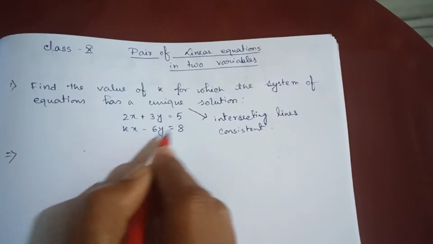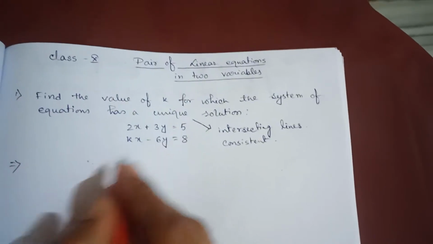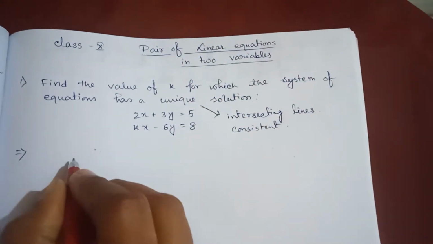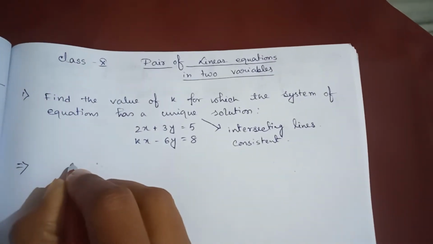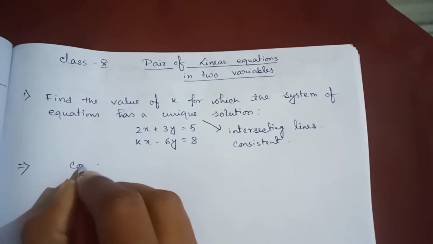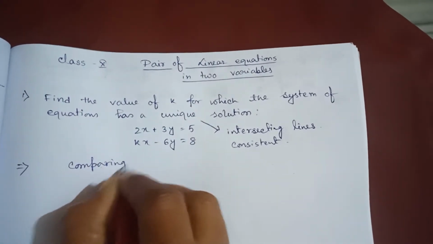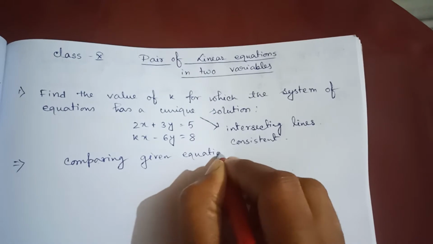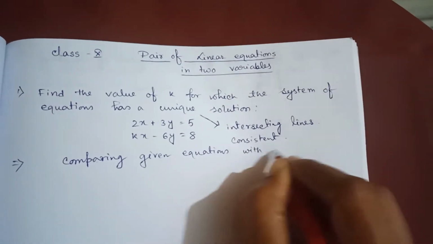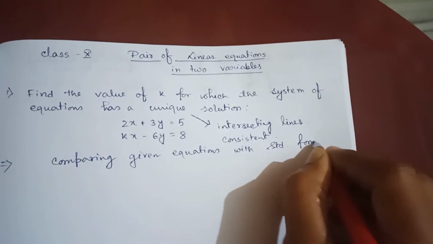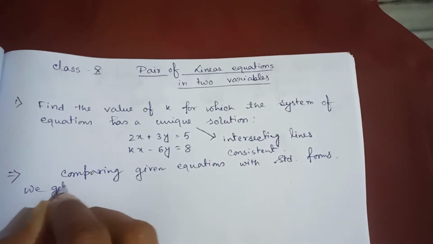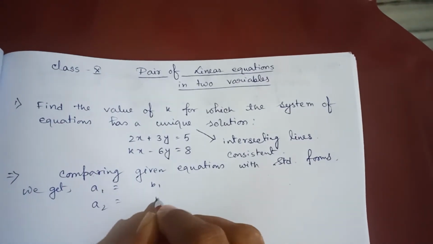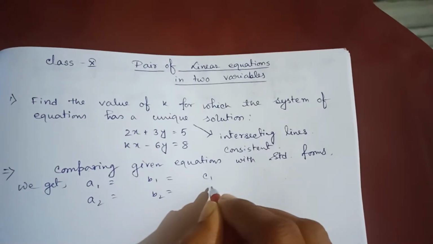Now these are the given linear equations. If we compare these two given linear equations with our standard forms, then we will be getting, I'm writing everything here: comparing given equations with standard forms, we get a1, a2, b1, b2, c1 and c2.